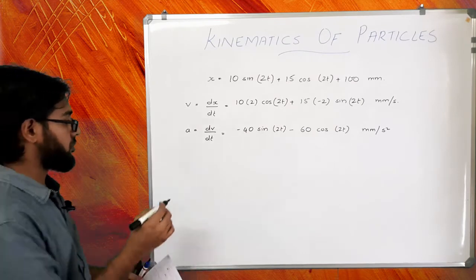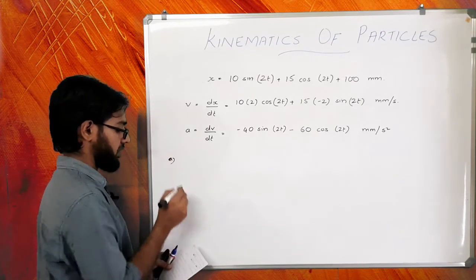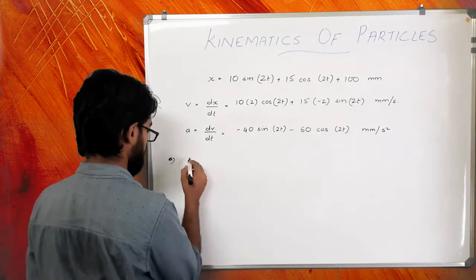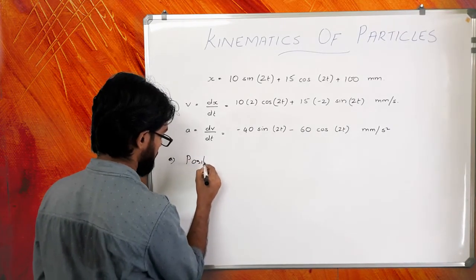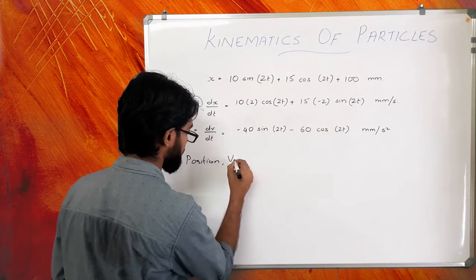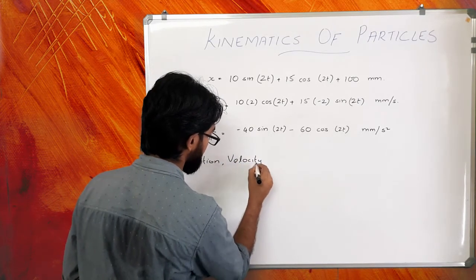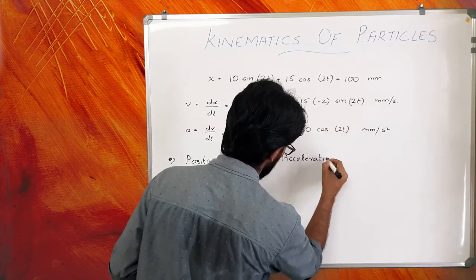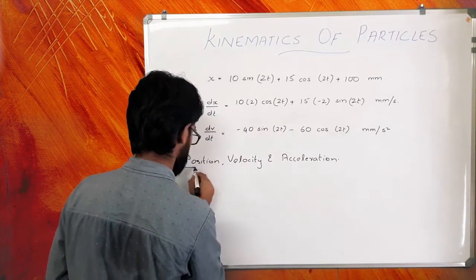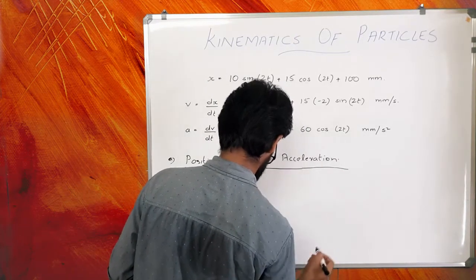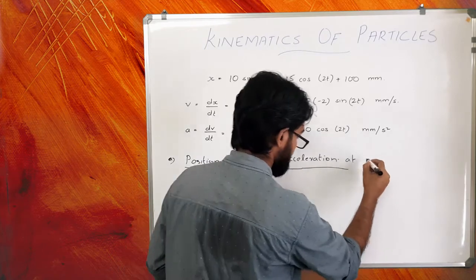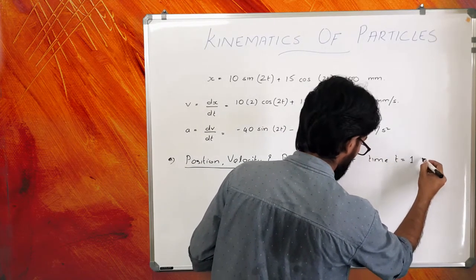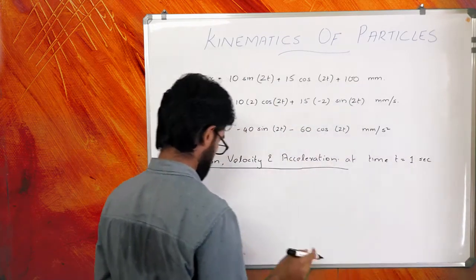Now, the first part of the question is finding the position, velocity and acceleration at time t equals 1 second.